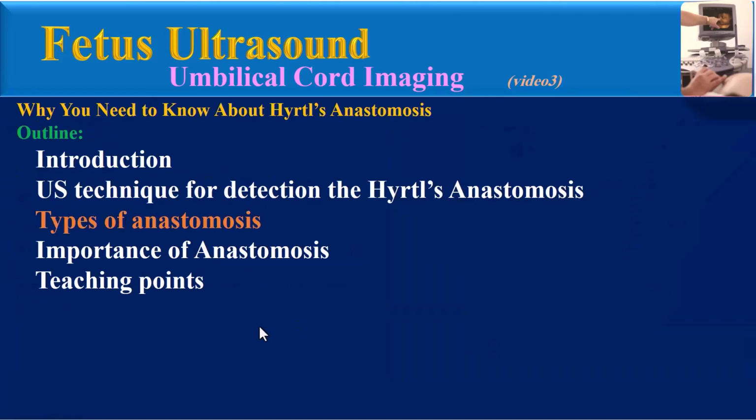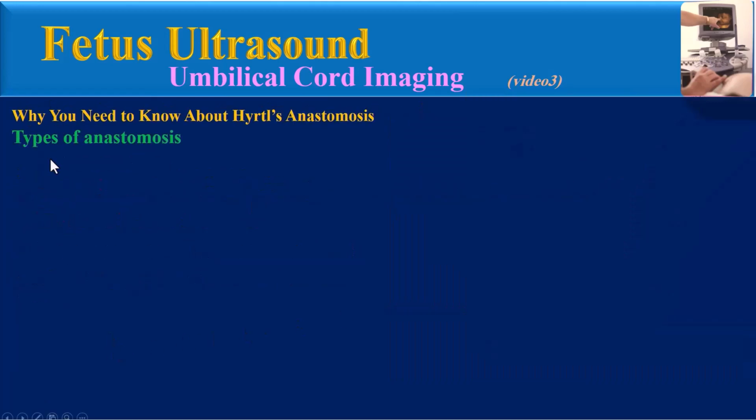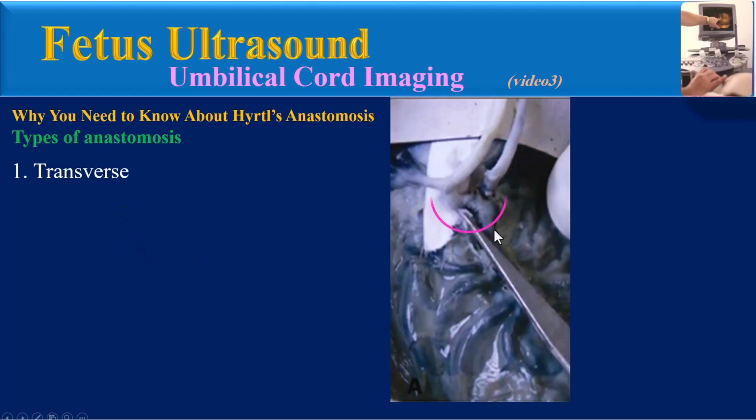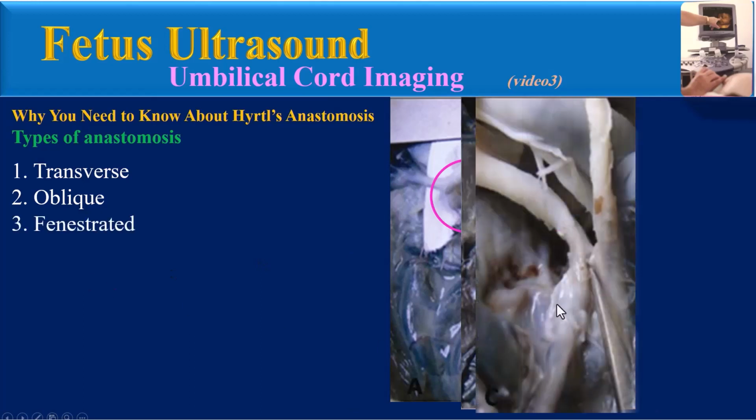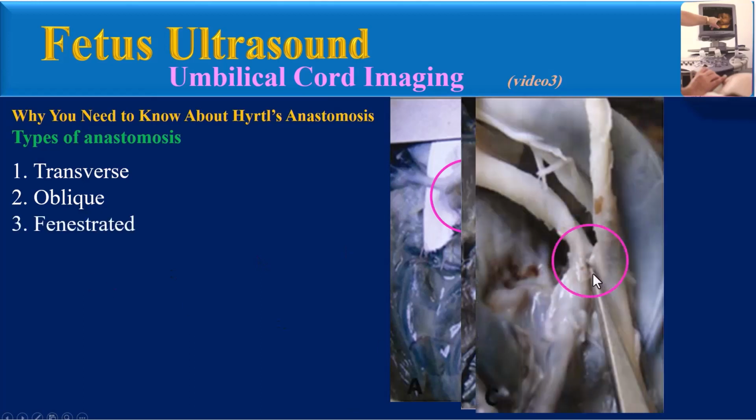Types of anastomosis. There are many types of anastomosis anatomically. At first, it may be transverse or it may be oblique. Another type is fenestrated between two umbilical arteries. Another type is fused form.